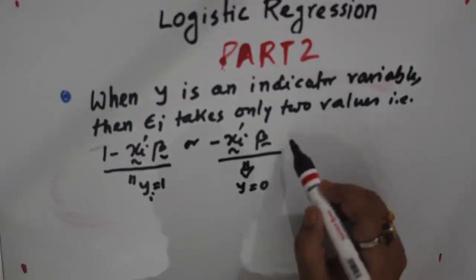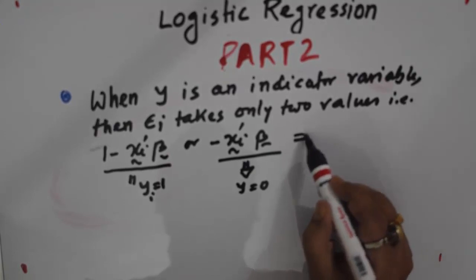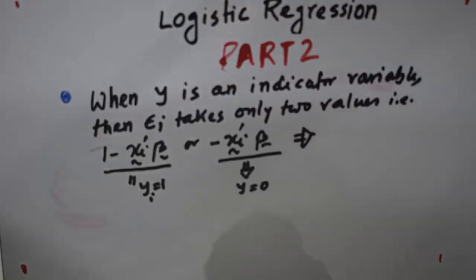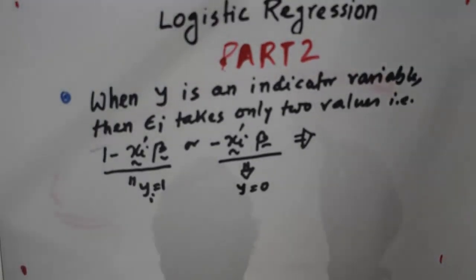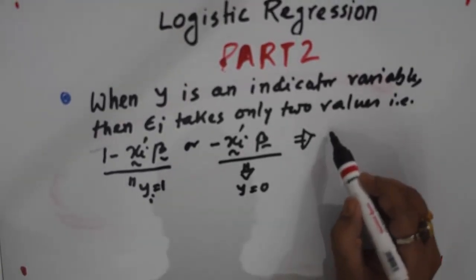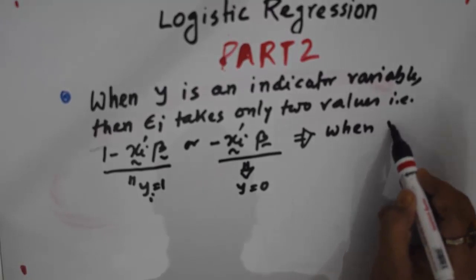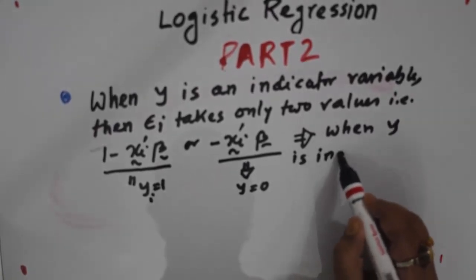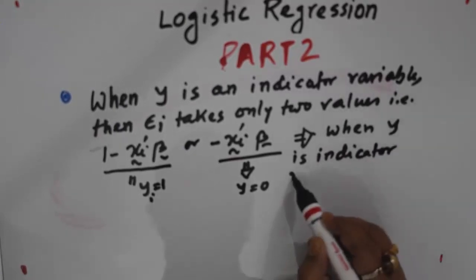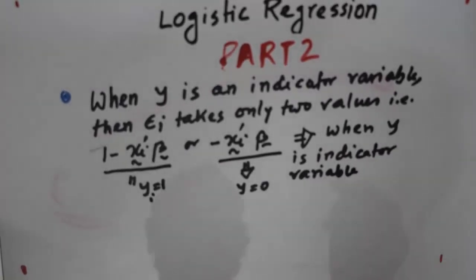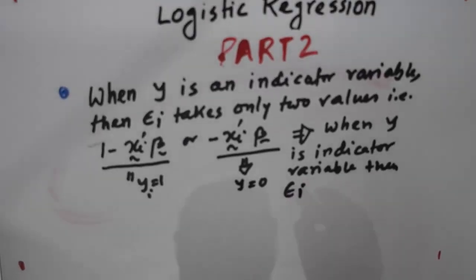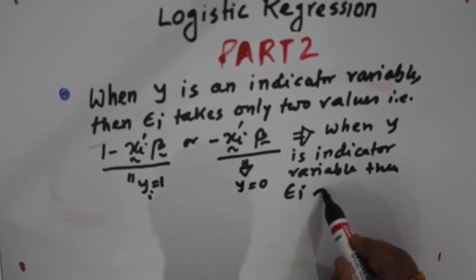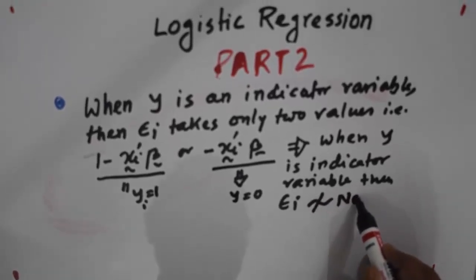So we conclude that when y is the indicator variable, then epsilon i cannot be assumed to follow a normal distribution.